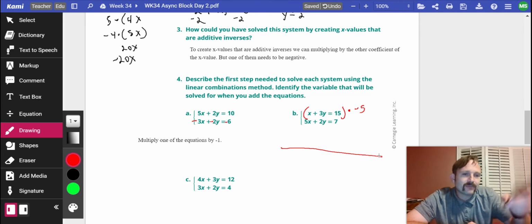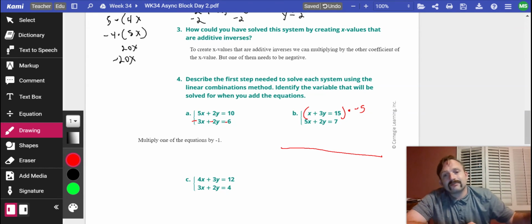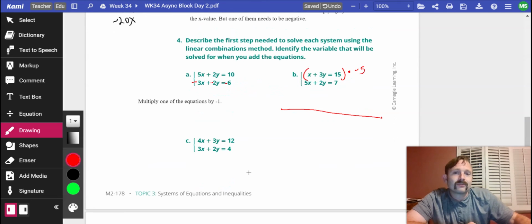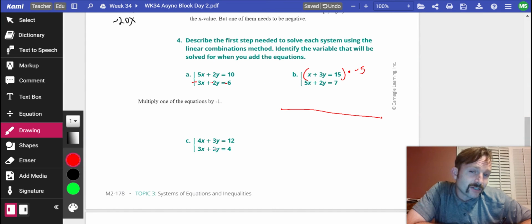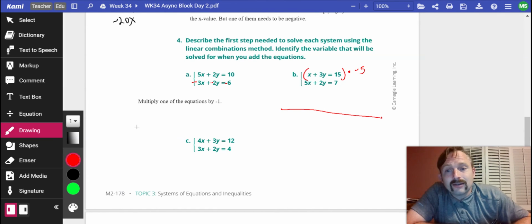What would we do? Now I'm going to write it, and I want you to write the sentence. Now this one's going to be a little bit different because it has multiple different things. We have 4x and 3x, 3y and 2y. Now there's 2 different ways we could solve this. We could either get rid of the y's or get rid of the x's. If we want to get rid of the y's, then we'd be multiplying by the opposite coefficients.